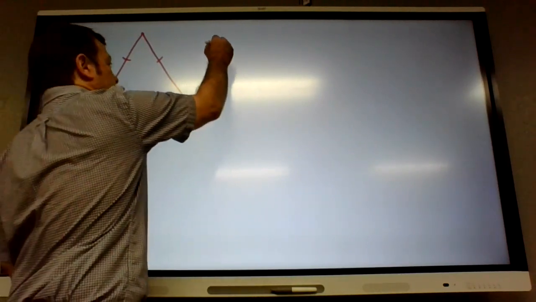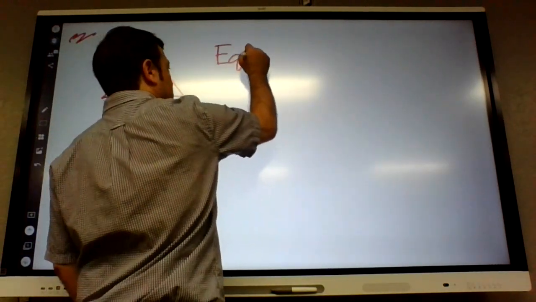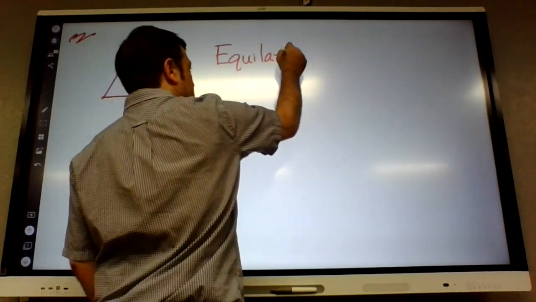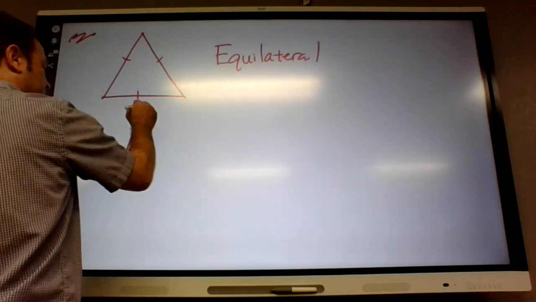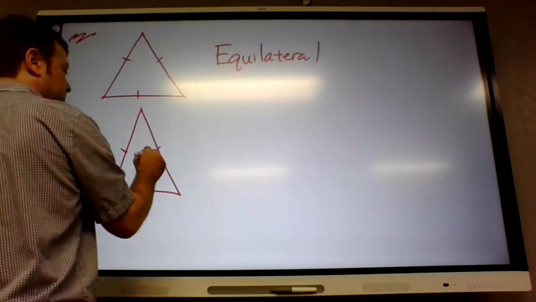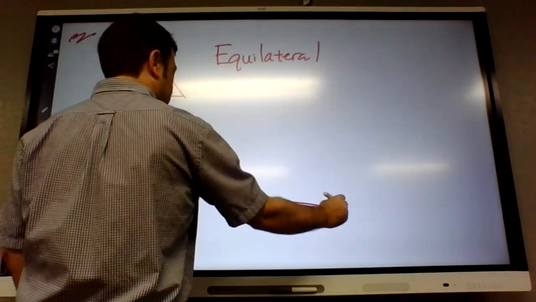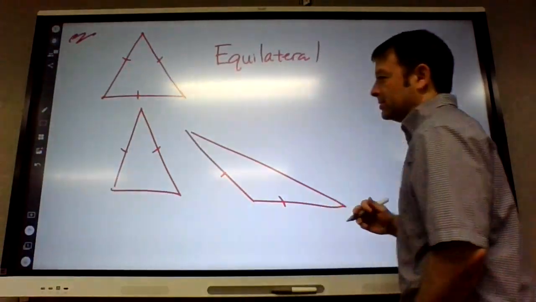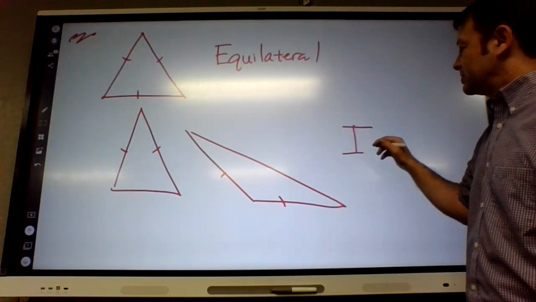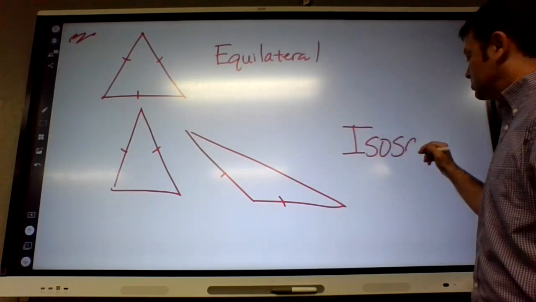Equilateral. Okay. If just two of the sides are the same, what kind of triangle is it? Isosceles. That one's harder for people to remember.